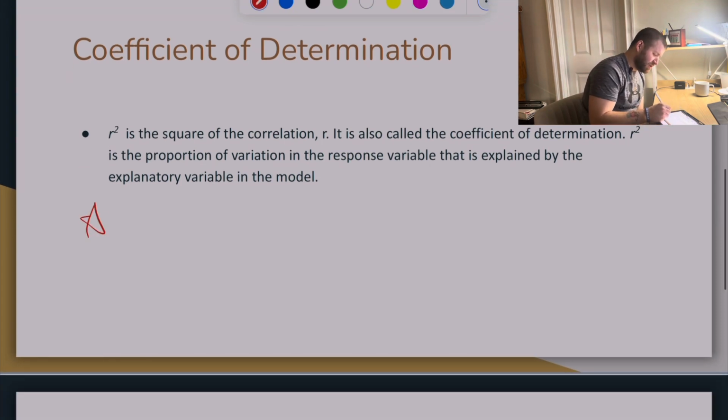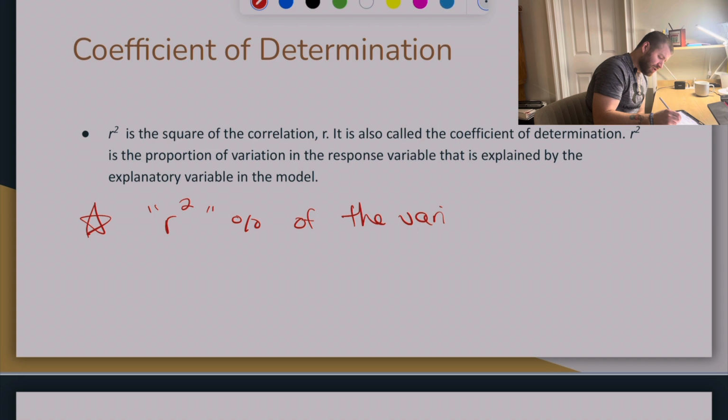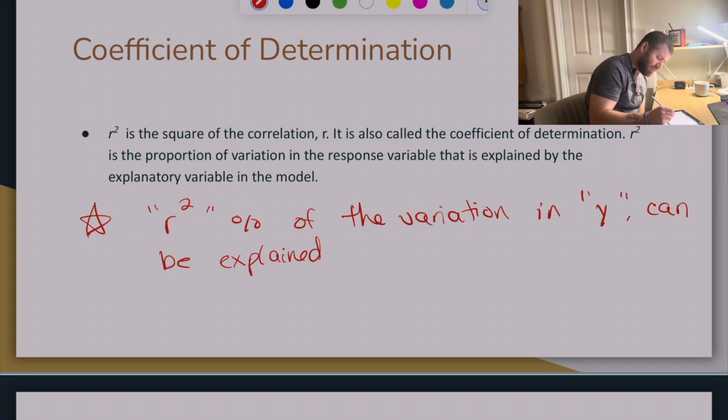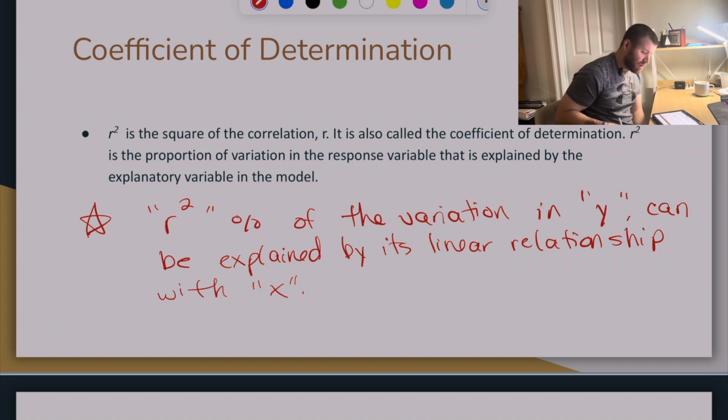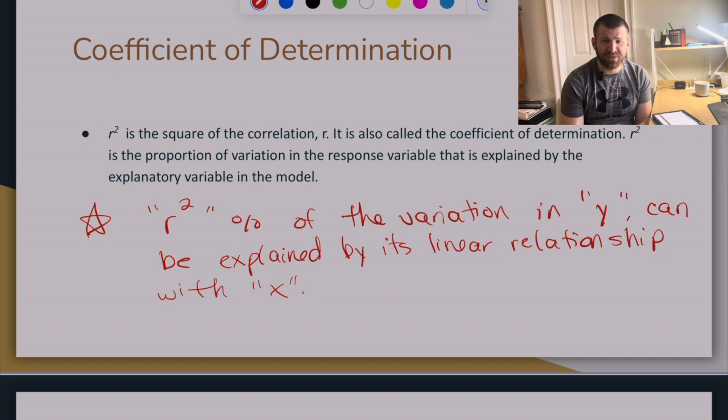So the very important sentence here is: R squared percent of the variation in Y can be explained by its linear relationship with X. Whatever I have in quotations, fill in with context from the problem.